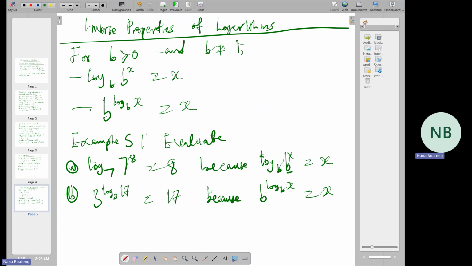Next, let's look at how to graph an exponential function and a logarithmic function on the same graph.